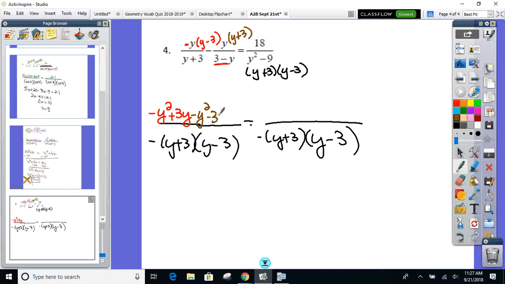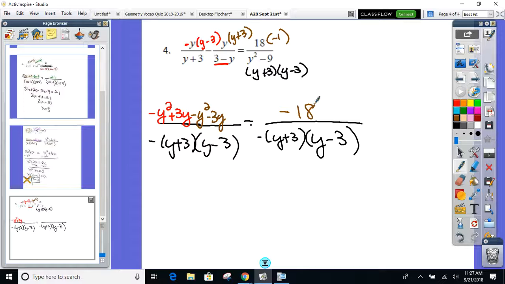But no, we're challenging each other. Dig deep. What's this missing that your common denominator has? Just the negative. Got the y plus 3, got the y minus 3. The only thing I'm missing is that negative. So multiply it by -1, and this will be -18.